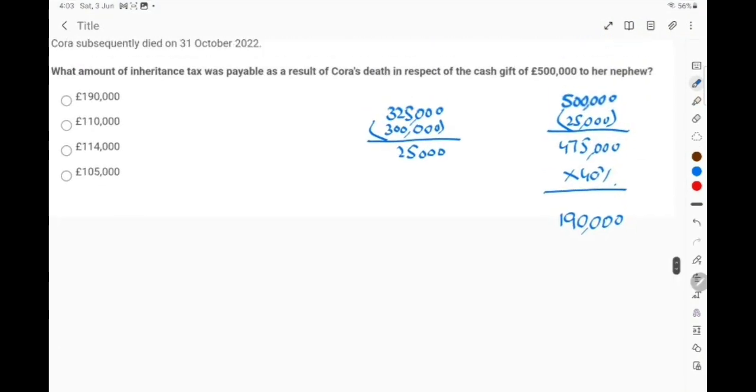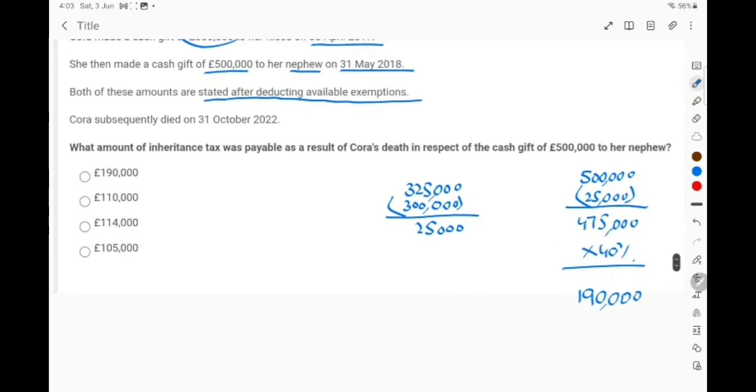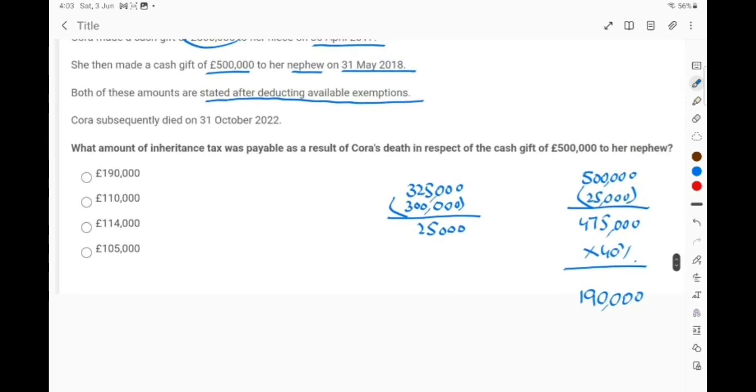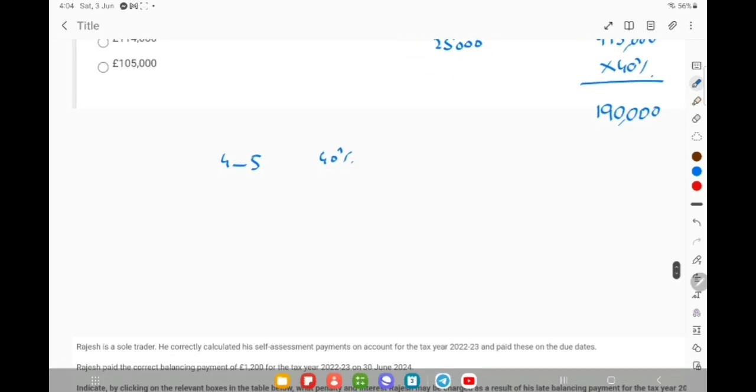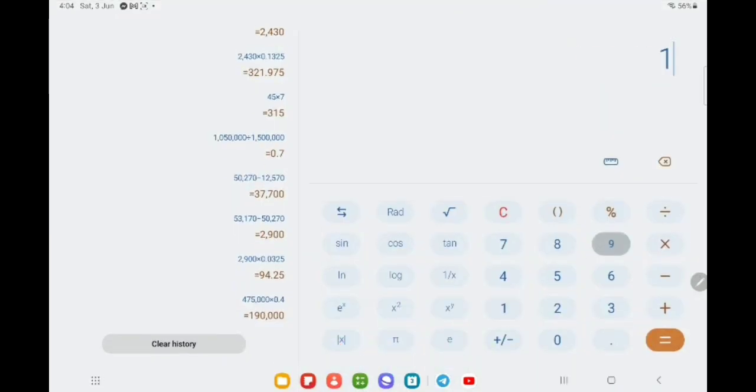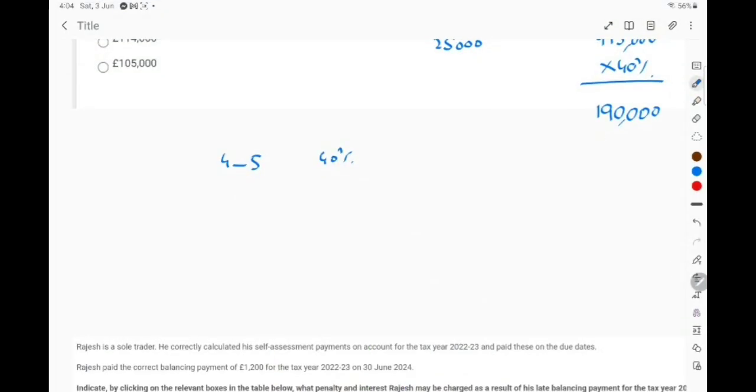Now we have to consider the time period between the last gift and date of death. So it is a period of 19, 20, 21, 22, and then it is a period between 4 to 5 years. So if from date of gift to date of death the period is between 4 to 5 years, there is a 40% concession given, and 40% of 1,90,000 would be 76,000, this is the concession.